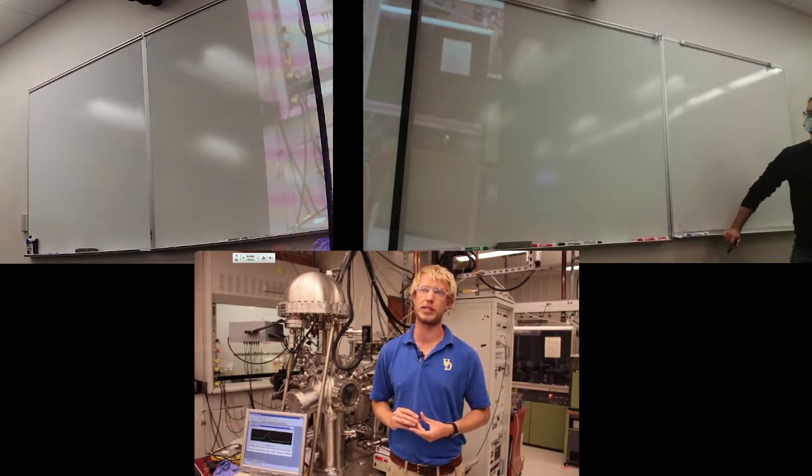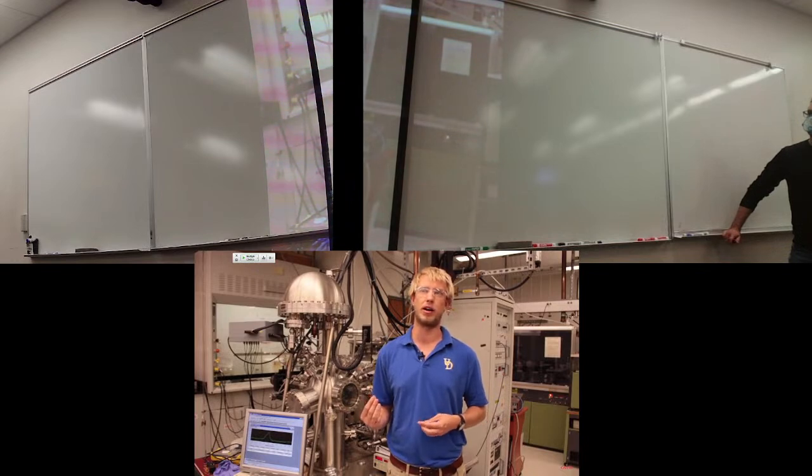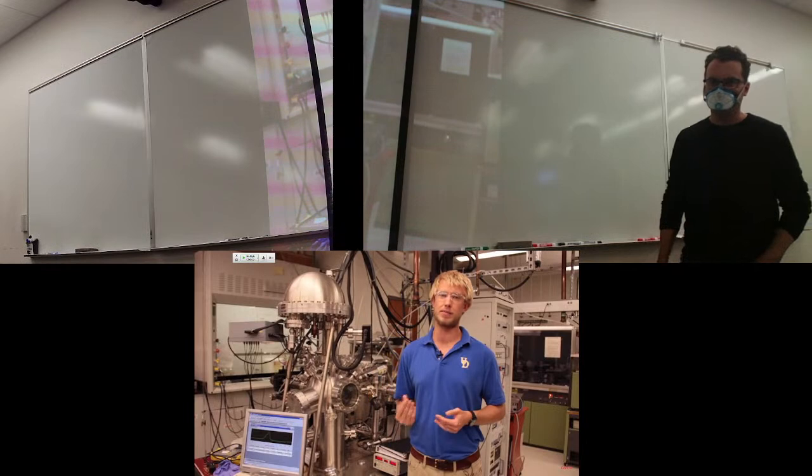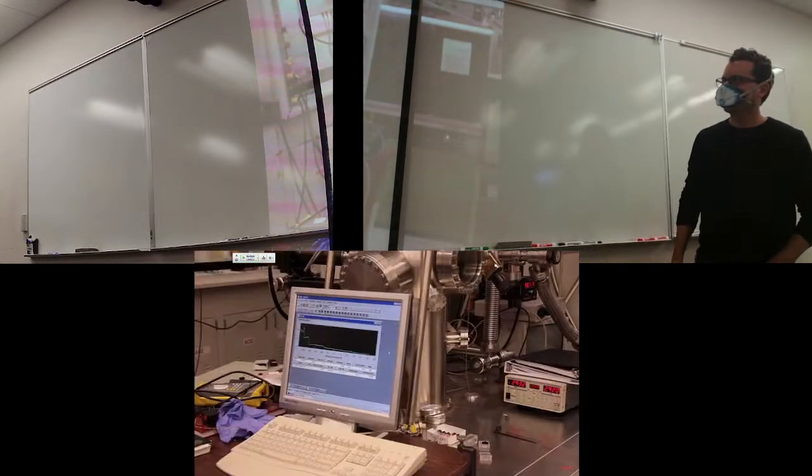P3HT PCBM solar cells have been around for the last 11 years, but they've been slowly coming up in efficiency and knowledge in general. They started out at less than 1%, and the newest solar cells today, not P3HT PCBM, but other organics, are over 8%. So that's a huge leap, and that leap is brought about by machines like this one.